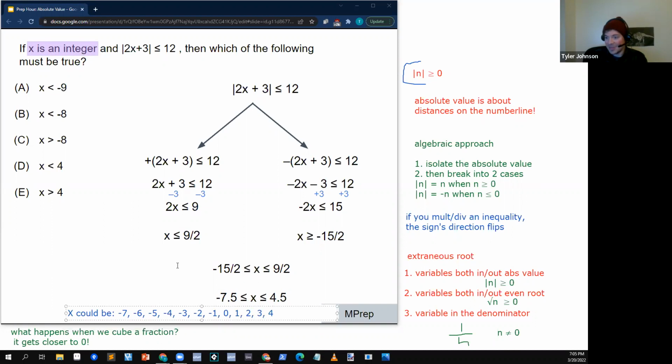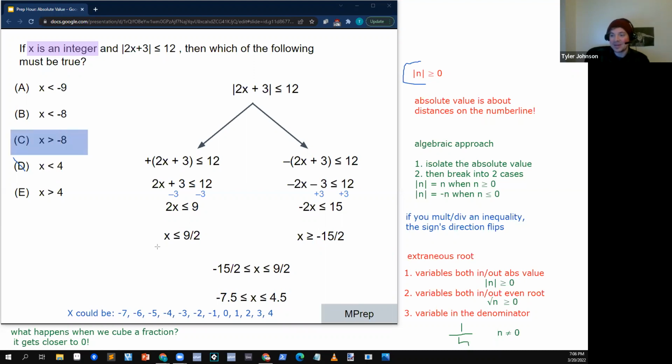That x could be anywhere between -7 and +4. So D isn't going to quite cut it because it tells us that x is always less than 4, but really it's less than or equal to. So if they had added just like one line there, D would work, but D is a subtle trap. It is not quite what we're looking for.